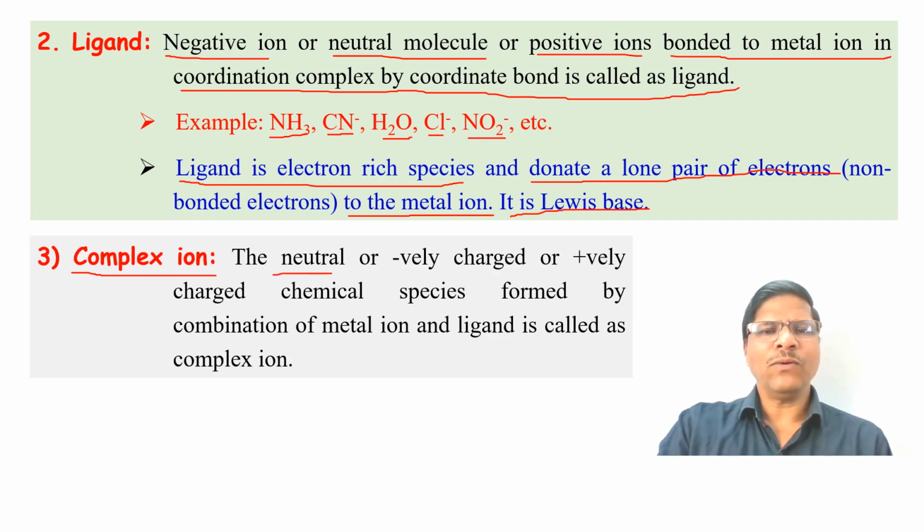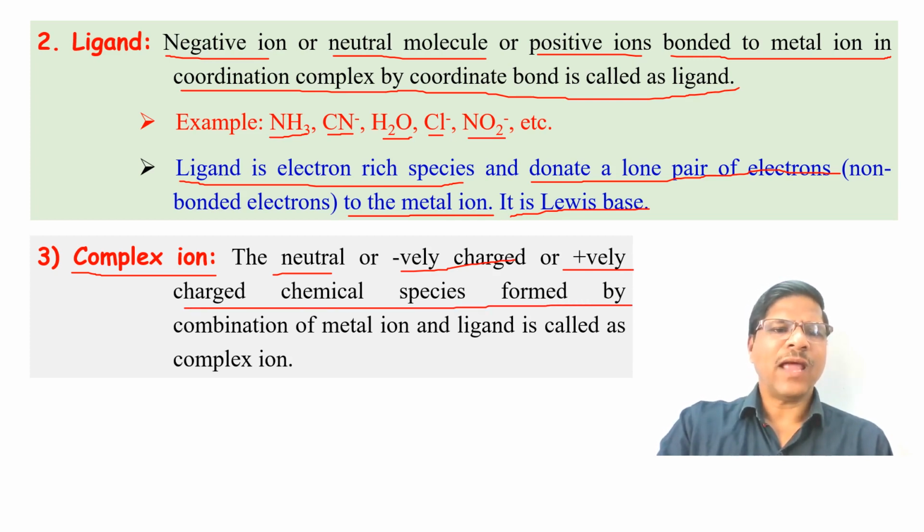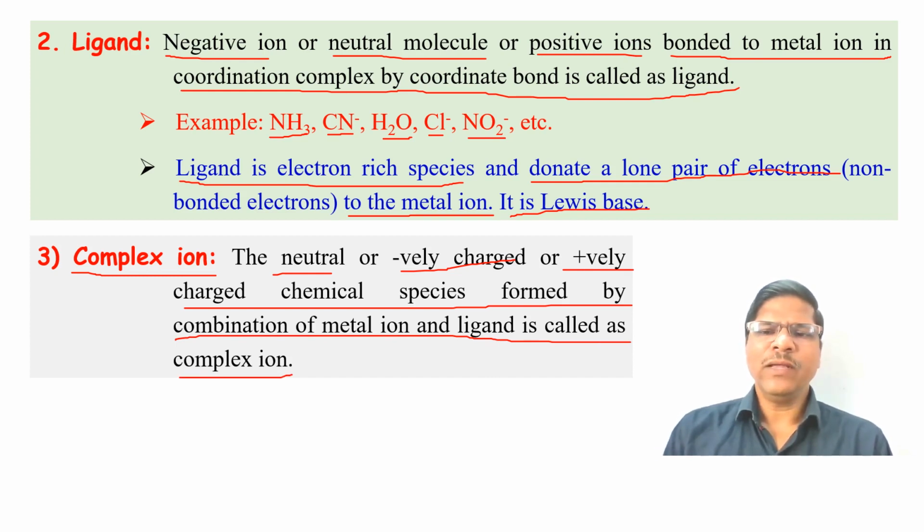Neutral molecules or negatively charged or positively charged chemical species combine with metal ion and form the complex ion. So ligand interacts with metal ion and this interaction may lead to the formation of negatively charged species or positively charged species.